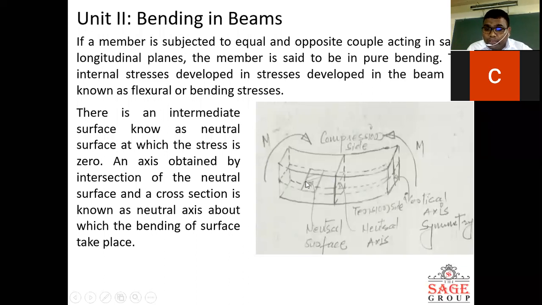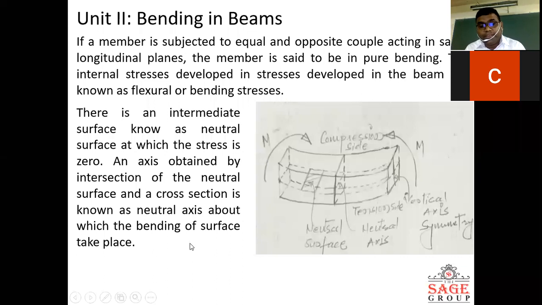The neutral surface is located exactly at the middle of the height, and its intersection with the cross section is called the neutral axis of the beam. This is the neutral axis, about which bending takes place.